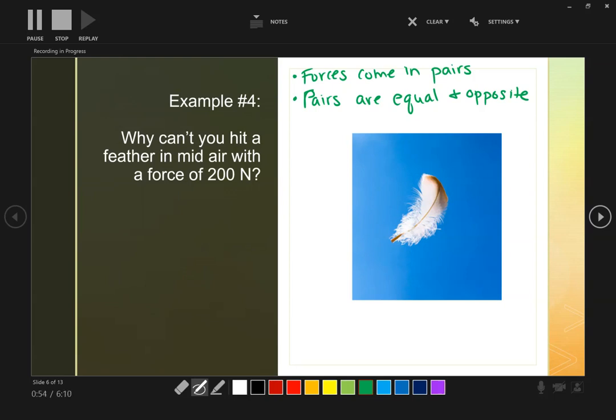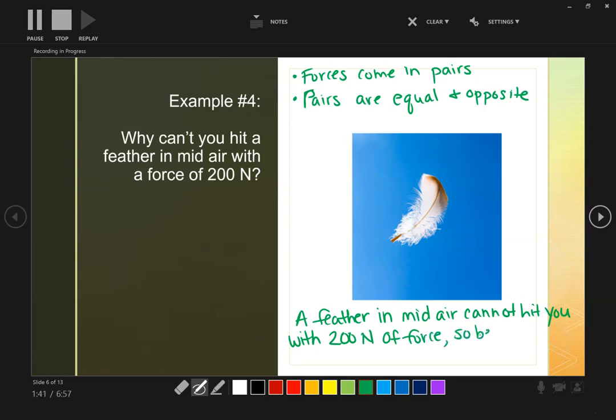So a feather in midair cannot hit you with 200 newtons of force.